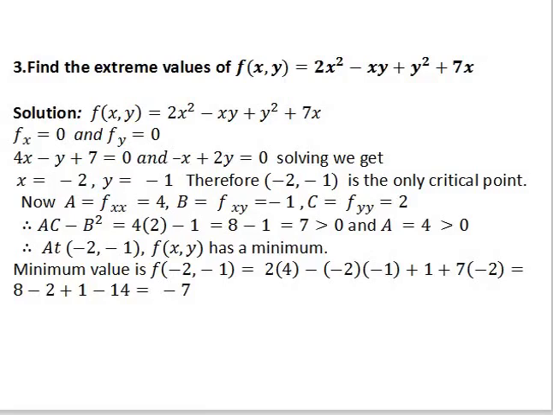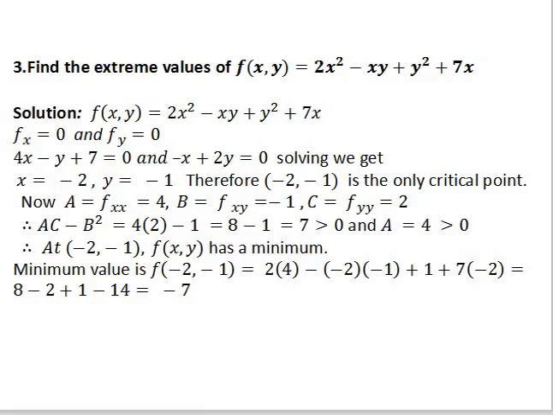-x + 2y = 0. So -x = -2y. Put x = 2y in the equation 4x - y + 7 = 0. So 4 into 2y is 8y, 8y - y is 7y, 7y + 7 = 0.